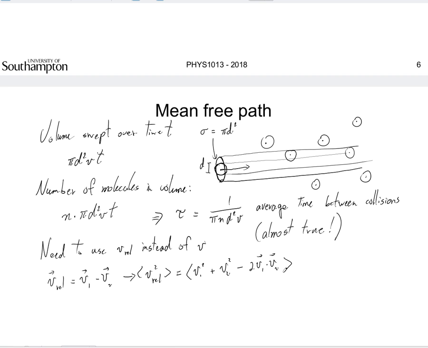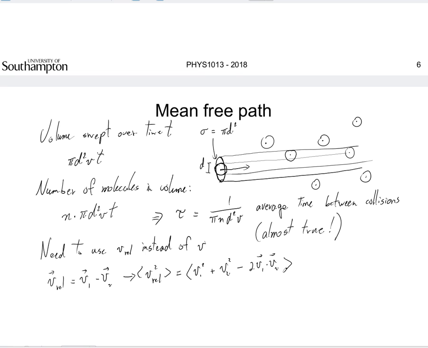They're vectorially subtracted, which means that when you square them, you do the dot product between the two, and there's going to be the cross term, which is a dot product between v1 and v2, and there are the two terms, which is v1 dot v1 and v2 dot v2. Once you do the average, because all possible directions are allowed, the cross term is going to disappear. But you're going to get these two.